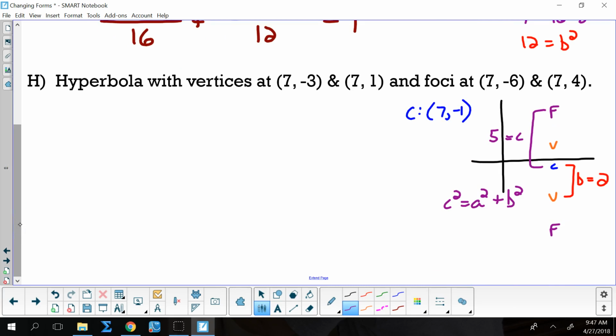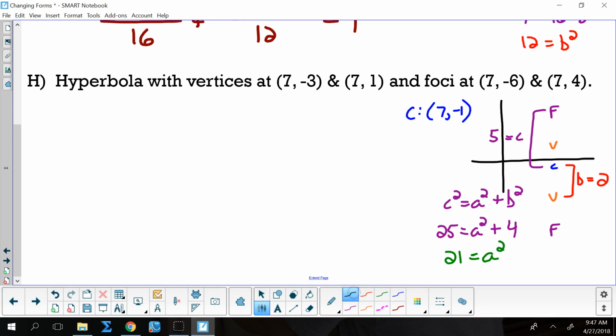You could remember it by a squared plus b squared equals c squared. Isn't that how you find the hypotenuse? Yep, exactly. So 5 squared is 25, b squared is 4, so that gives me 21 as a squared.